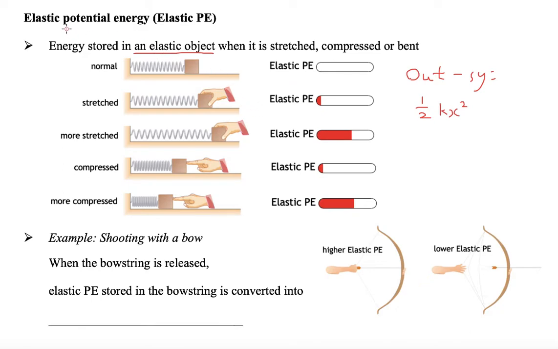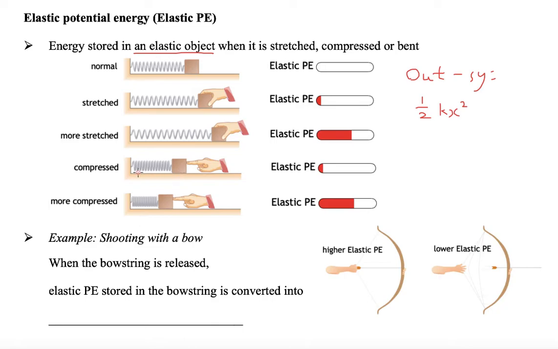And I would like to emphasize this word, potential energy. Why is it called potential energy? You can imagine it this way. If we compress the object here, it will store elastic PE. What if we release it? I think it's a very typical case in our daily life.